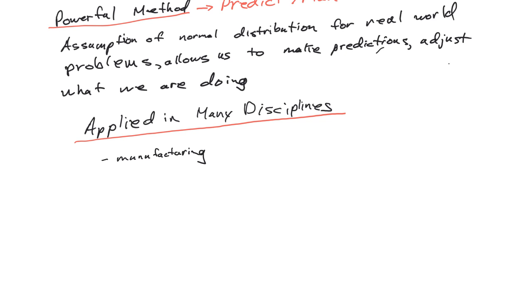We can use it in the sciences to postulate hypotheses. We can also use it for electronics, because if you think about it, they make millions of transistors, phones, everything, right?